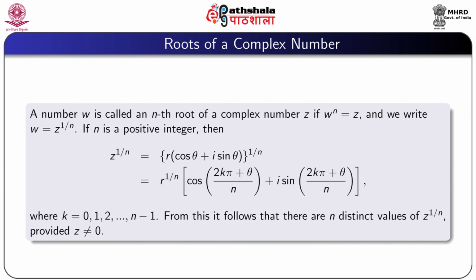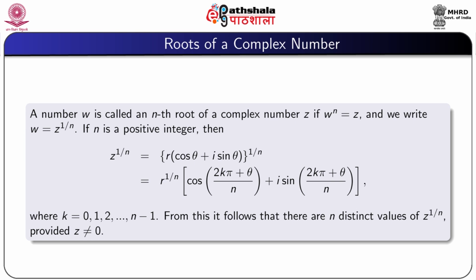Now we discuss roots of a complex number. A number w is called an nth root of a complex number z if w to the power n equal to z, and we write this as w equal to z to the power 1 by n.